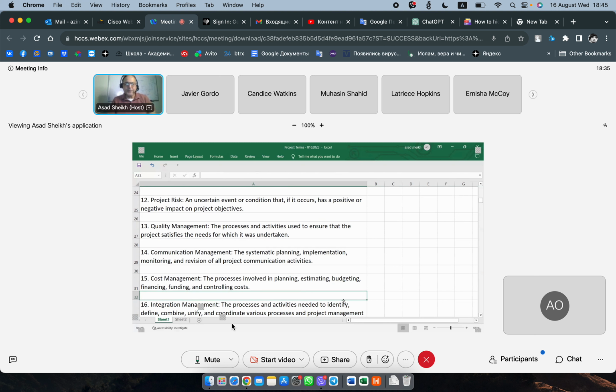Cost management, again, it's all about estimating, planning, coming up with a budget, financing, funding, and controlling costs. So funding is something that is equivalent to having a budget.